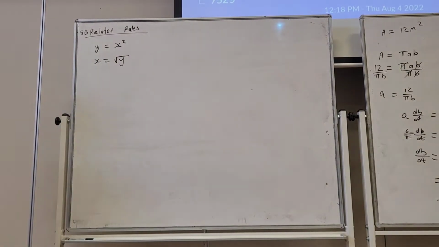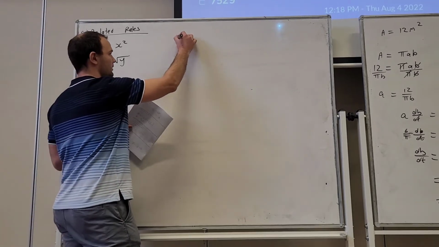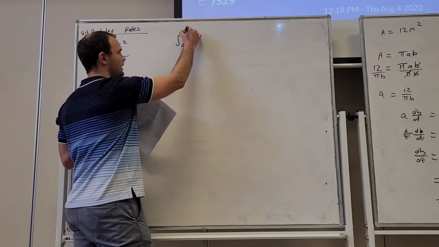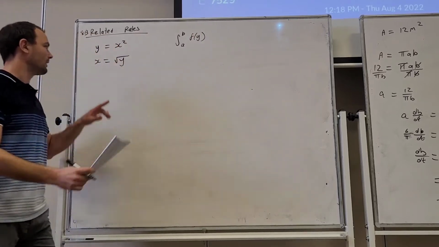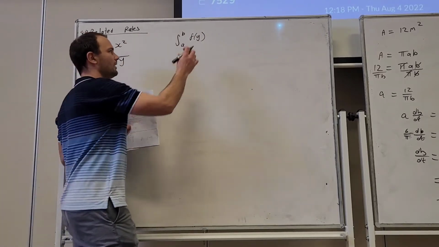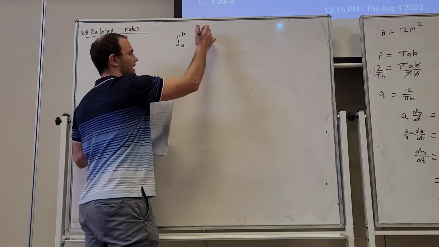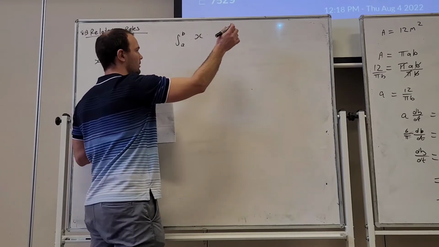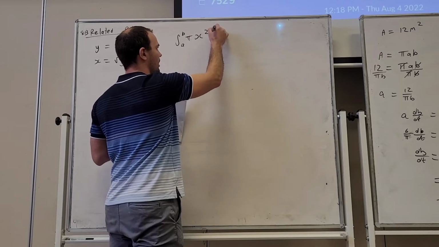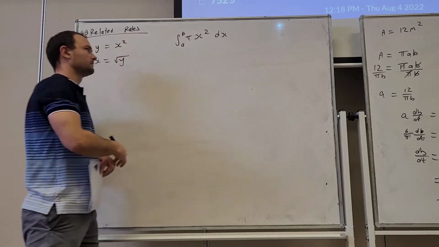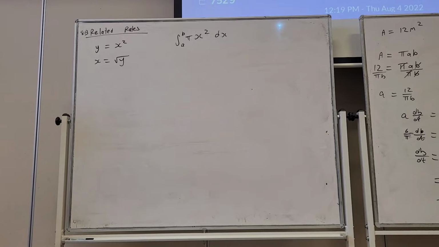Okay? And if we're rotating around the y-axis, it is pi times our function of y, or our x value, squared, isn't it? That's what we get when rotating around the y-axis.